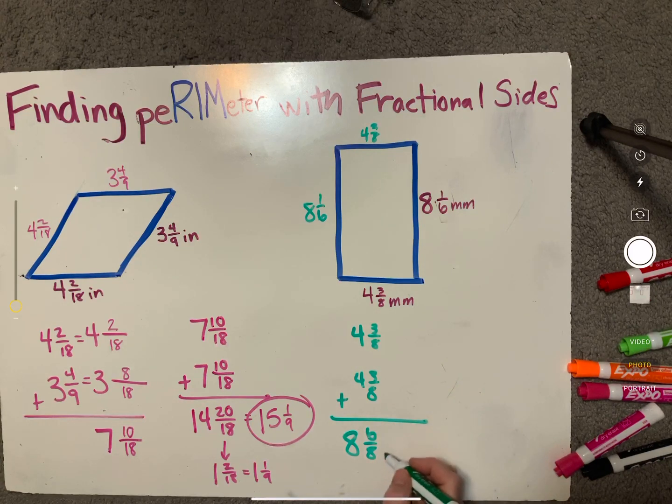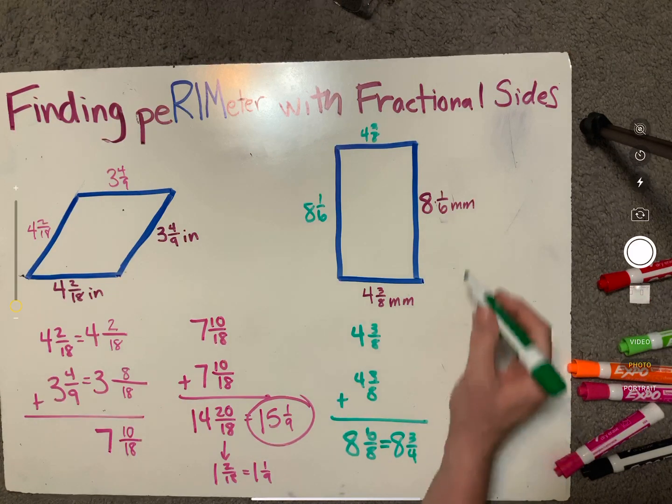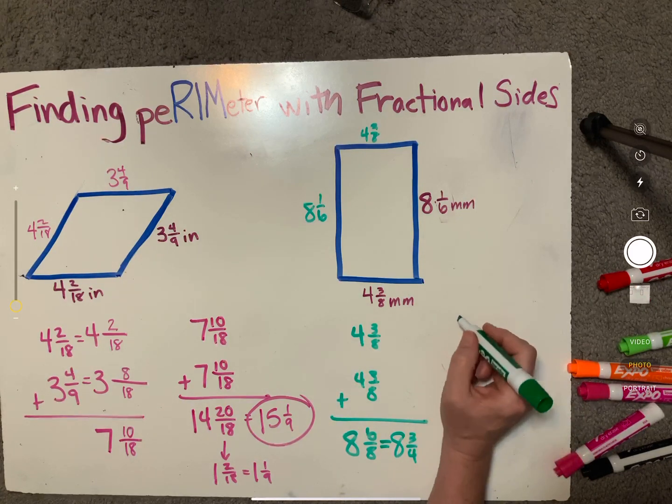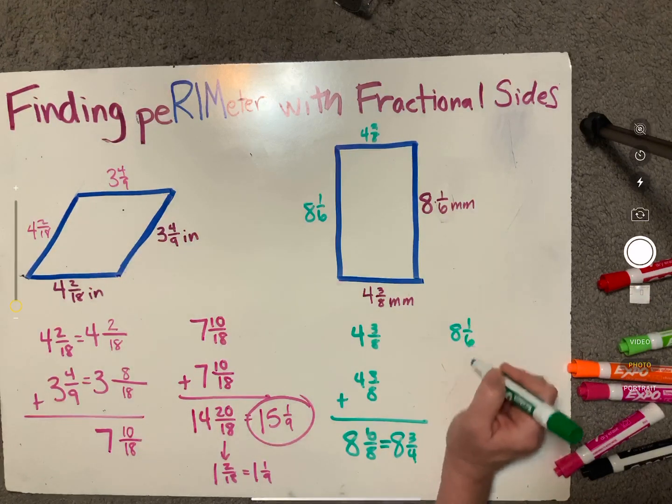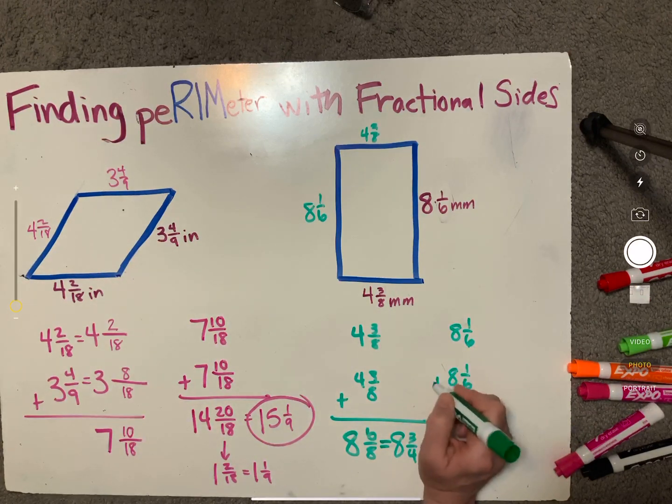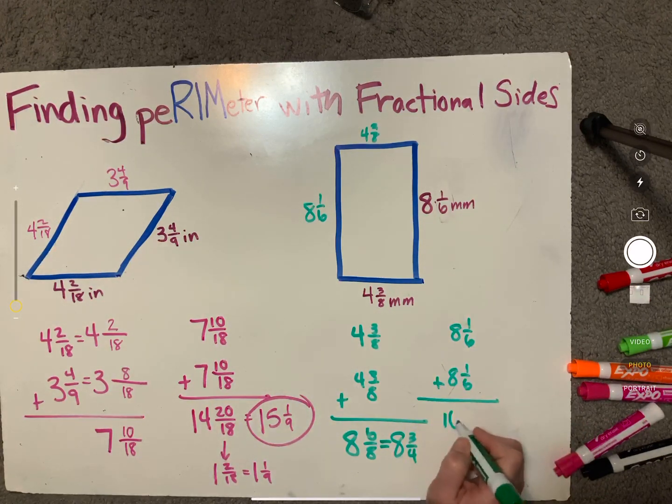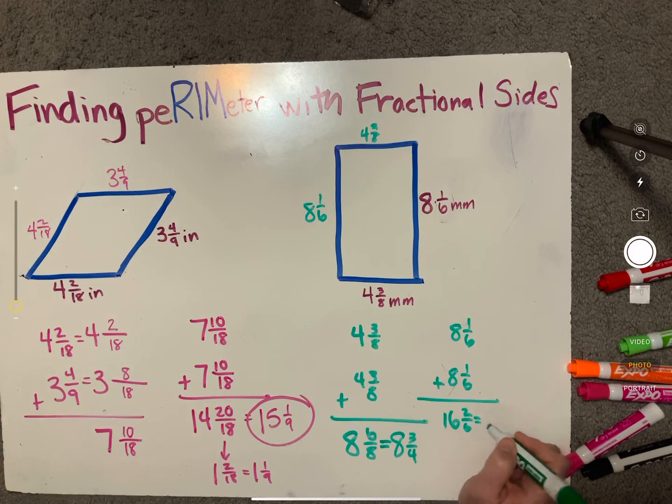And we could reduce this if we wanted. We don't have to if we don't want to, but because we're going to end up adding it anyway. But if you wanted to reduce it, we would have 8 and 3/4. So now we're going to add our 8 and 1/6, 8 and 1/6. So we're going to end up with 16 and 2/6, or 16 and 2/3.